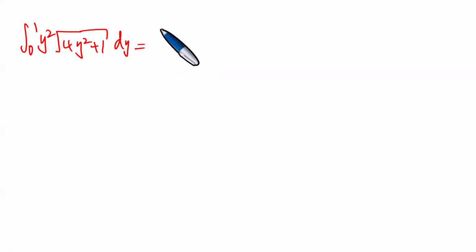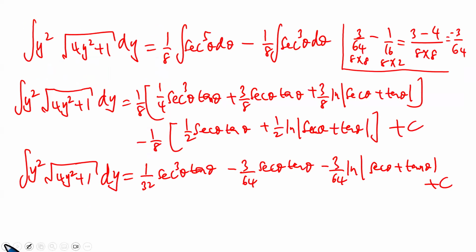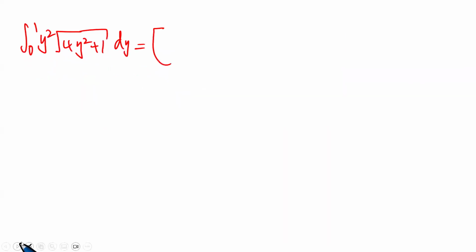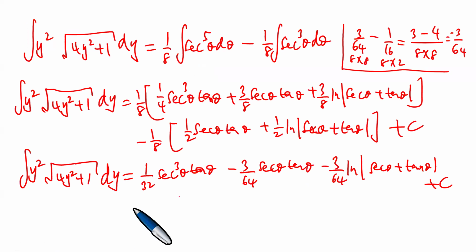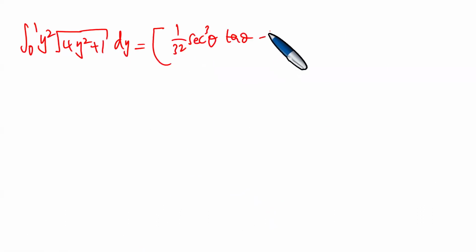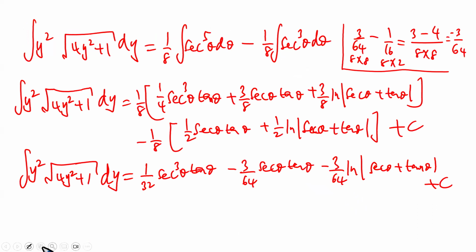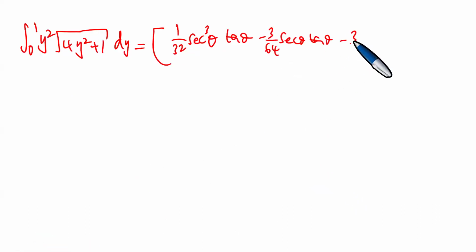We already know the integral we've got, which is 1/32 secant cubed theta tan theta, minus 3/64 secant theta tan theta, and then minus 3/64 the ln of the secant of theta plus tan theta.